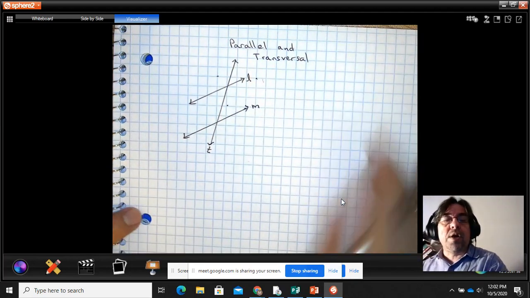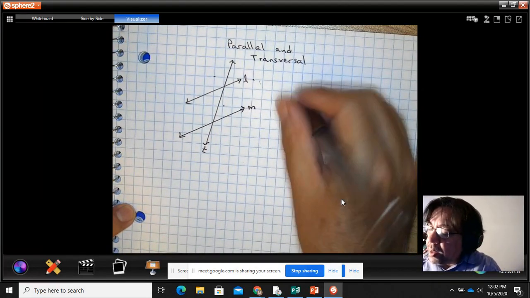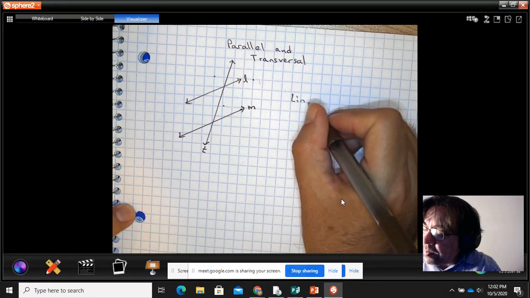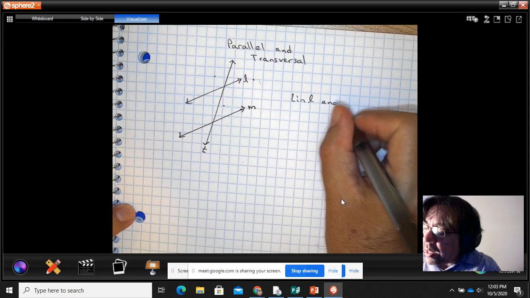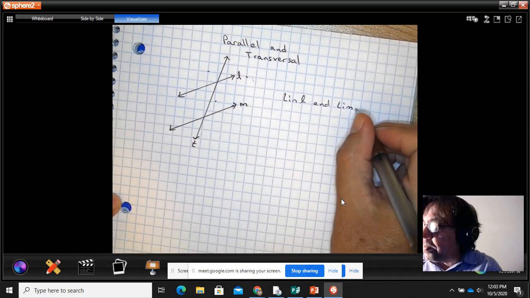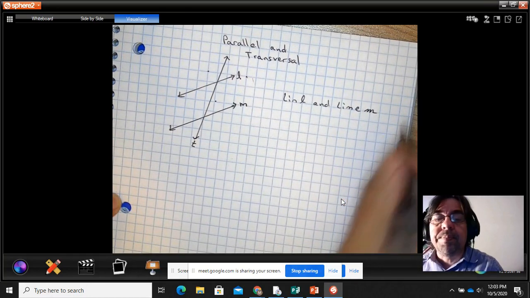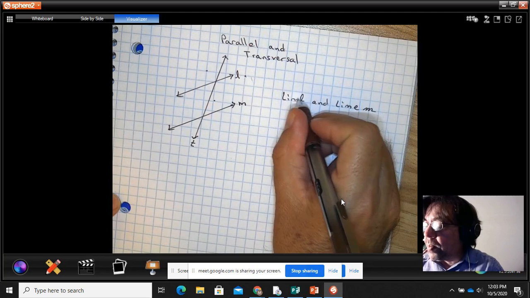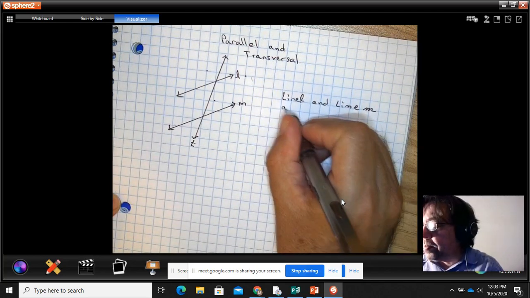So let's write that in our notes. Line L and line M are parallel.